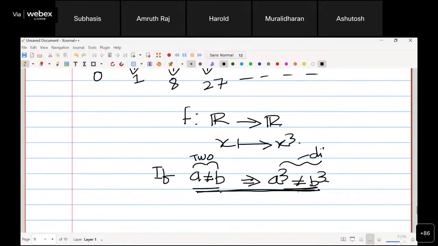So that's why this is injective. Is it clear why this function is injective?